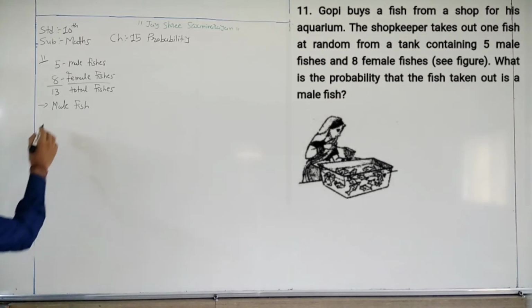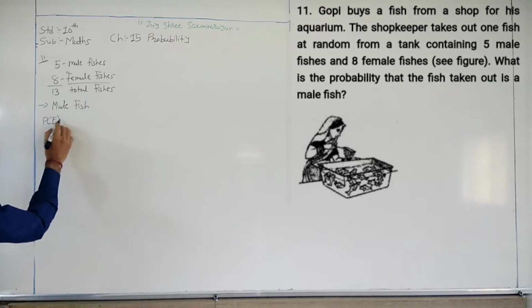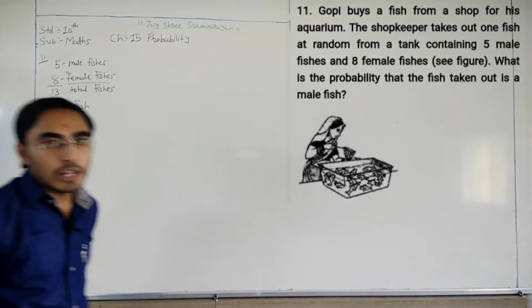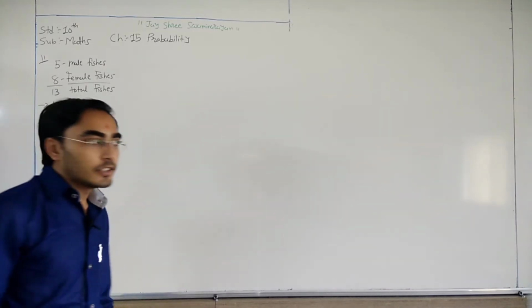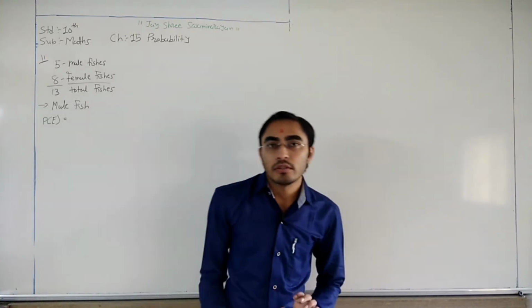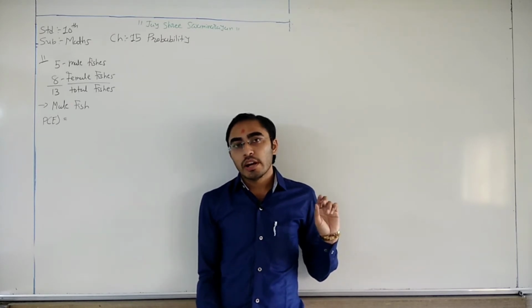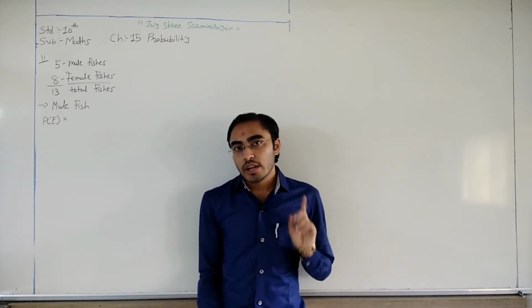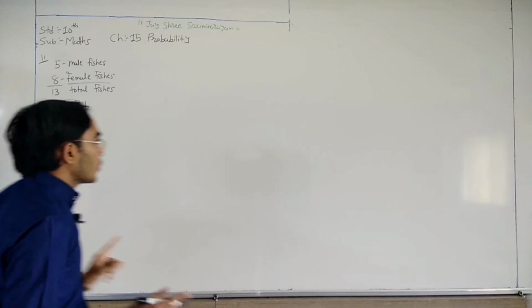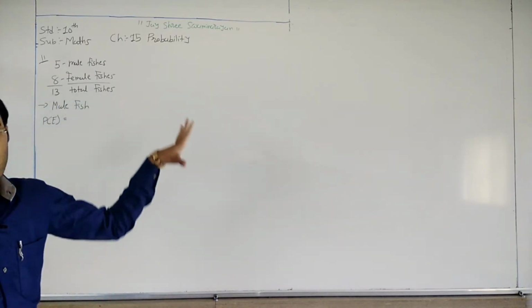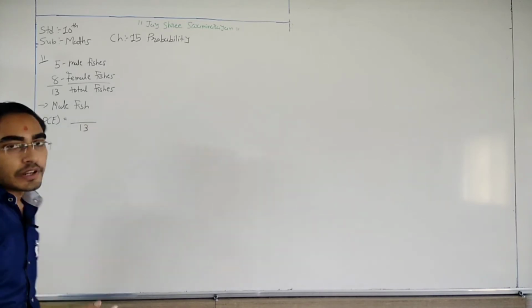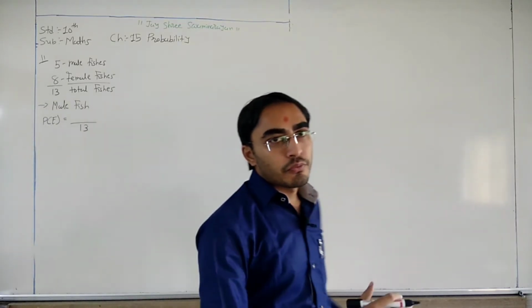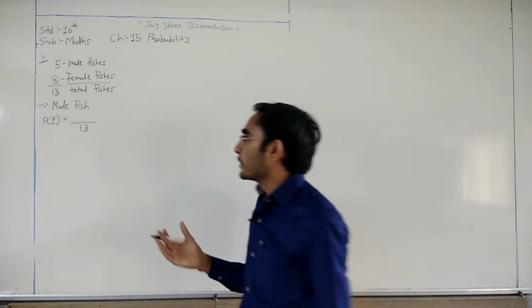Now here, the probability of event E, that means the event for male fishes, selecting a male fish. Again, what do we need to think about here? Total outcomes and favorable outcomes. Here the total outcomes, that means the total number of fish, is 13.